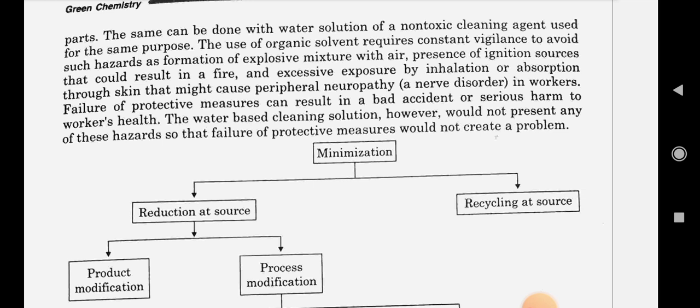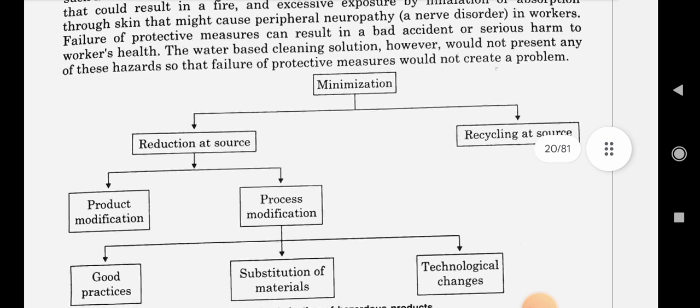The use of organic solvents requires constant vigilance to avoid problems such as formation of explosive mixtures with air, presence of ignition sources that could result in a fire, and excessive exposure by inhalation or absorption through the skin that might cause peripheral neuropathy in workers.